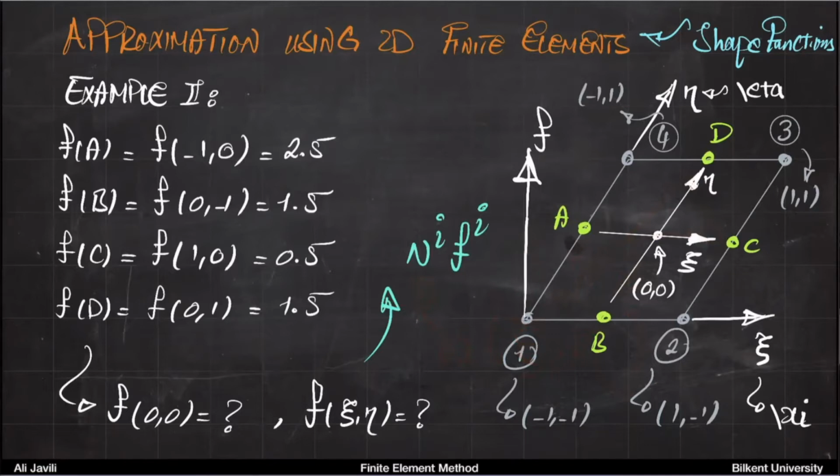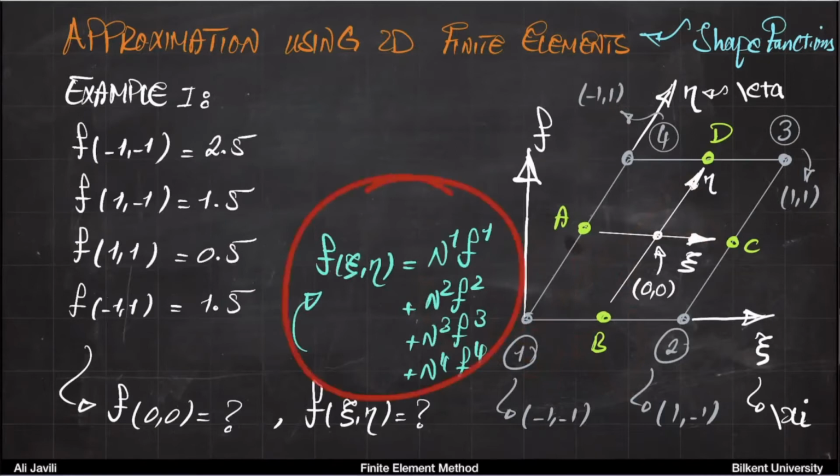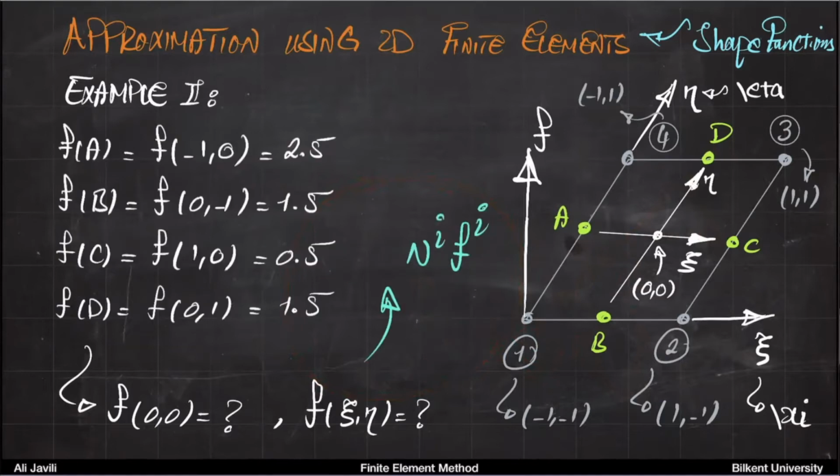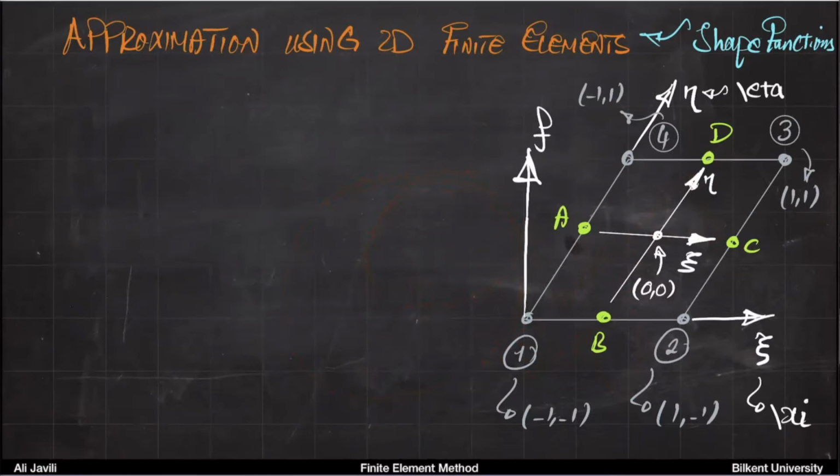So my point is, what we had here is perfectly similar to what we did in 1D. We didn't do exactly this type of example in 1D, but you can also do that. Either way, the problem boils down to shape functions. What are these N's? What is N1? What is N2? What's N3?